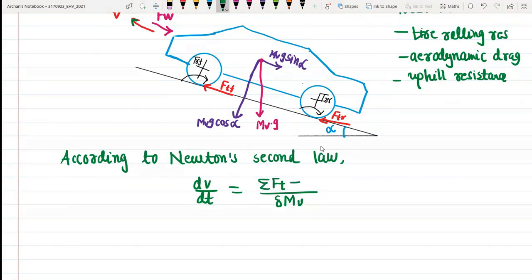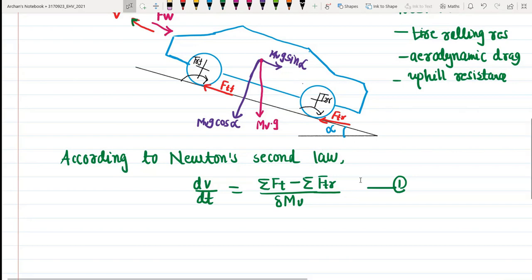Now we have seen that we also have the rolling resistance, so we need to subtract this resistance force from the total tractive force, right? And this will be our equation number 1.